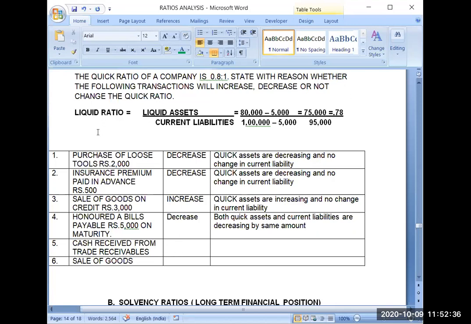You can also give an example, this sort of calculation that will also verify your answer. You should give that calculation also.